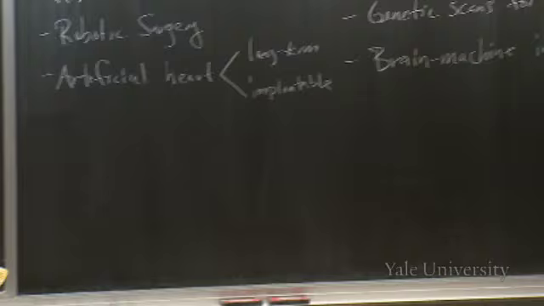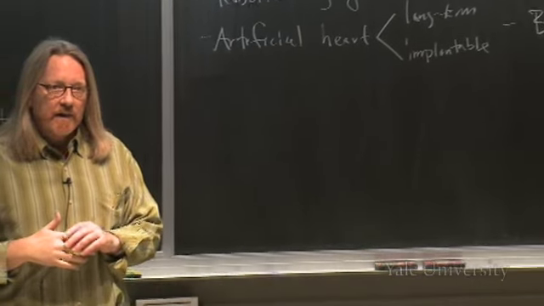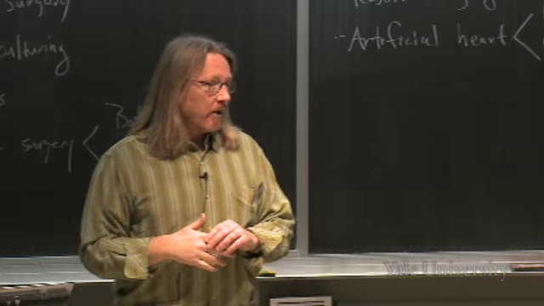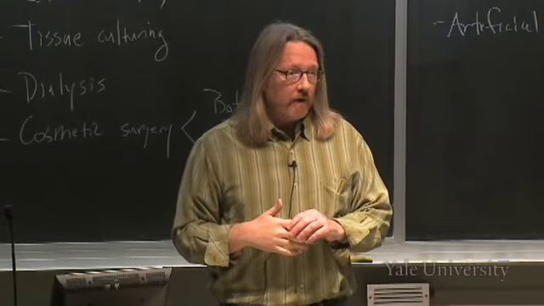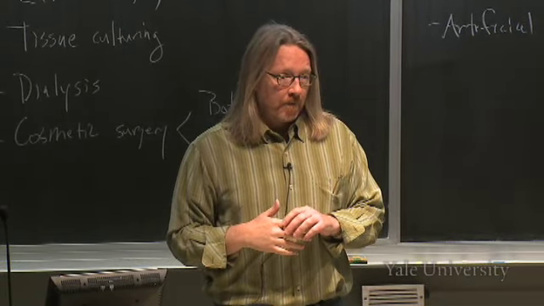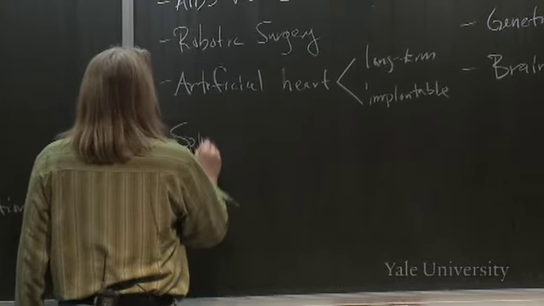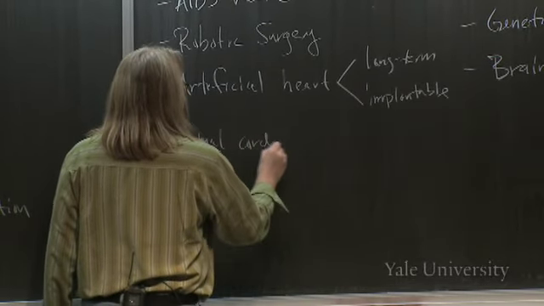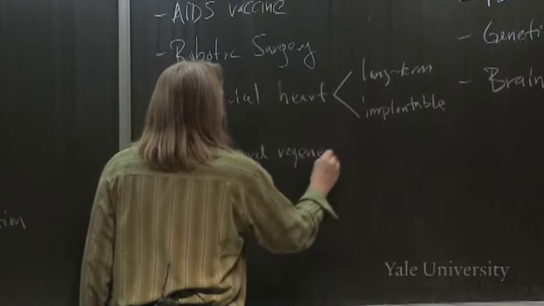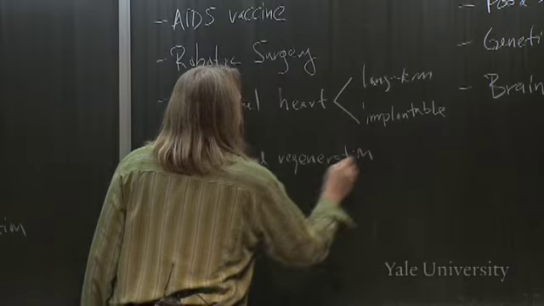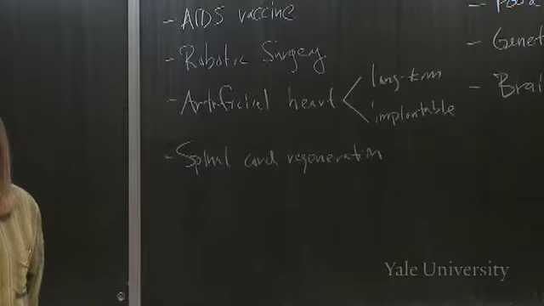And we'll talk about this as we go along, but there's lots of reasons to think that we're going to have this in the not too distant future. Regeneration of spinal cord is possible. Yeah. Spinal cord regeneration. That's a good one. Yeah.